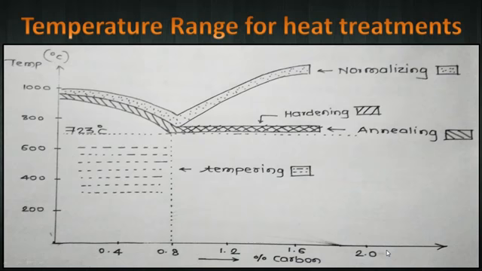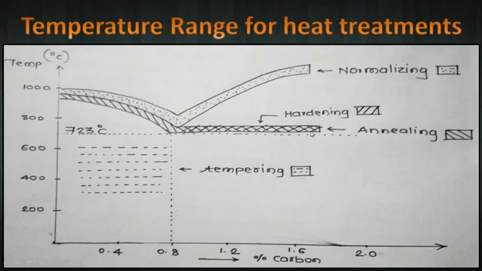Let us see the temperature range for heat treatments. In this slide, you can see this is the range for normalizing, and this is the range for annealing.